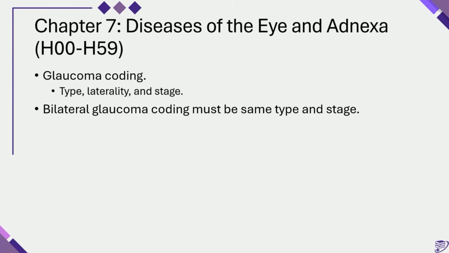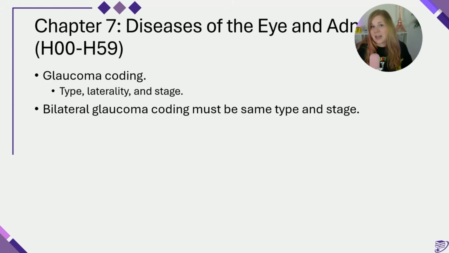Chapter 7, you need to focus on coding for diseases of the eye, particularly glaucoma. Glaucoma is coded by type, laterality, and stage. So, for example, H40.1134 is used for primary open angle glaucoma with indeterminate stage. If both eyes are affected and the stage and the type are the same, we can use the bilateral code.